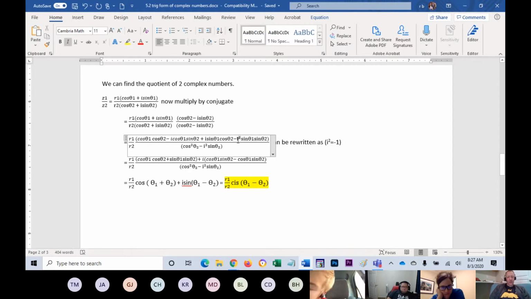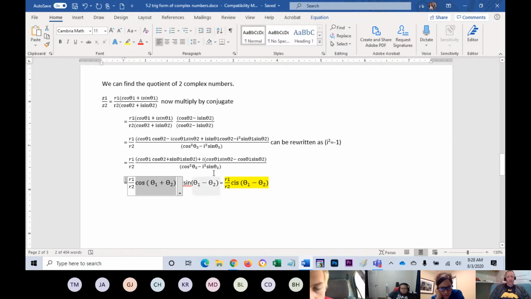So i squared is negative 1. That's going to turn this into a positive. I'm going to put it together with this one here because now it looks like an identity, right?